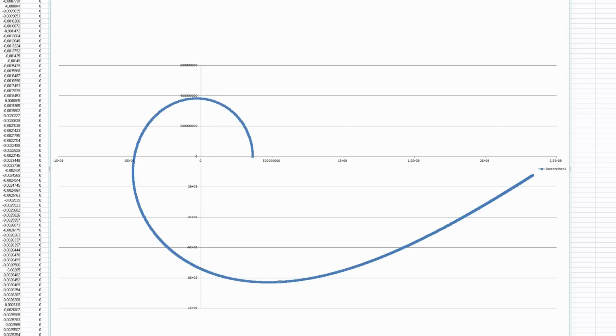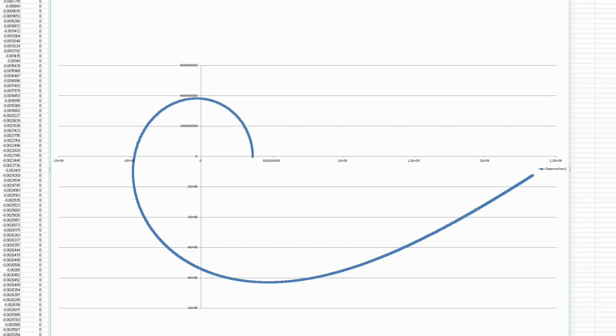You're almost always either on an escape trajectory or on a collision trajectory, and the only really periodic or stable orbit is an absolutely perfectly circular orbit.